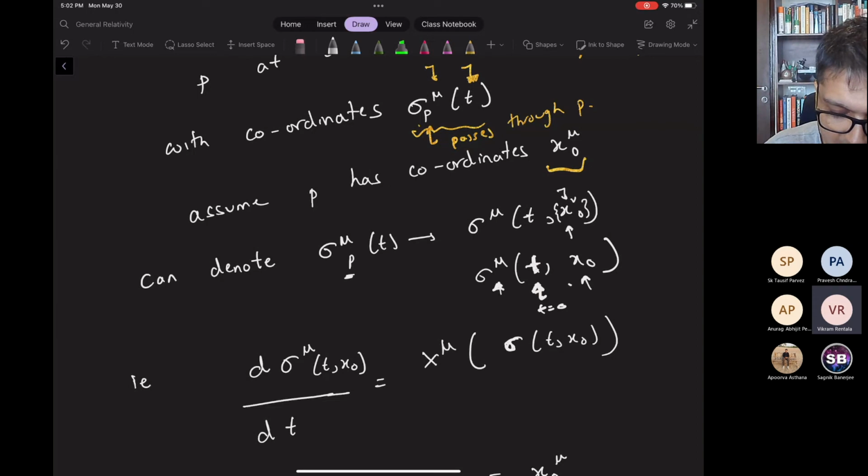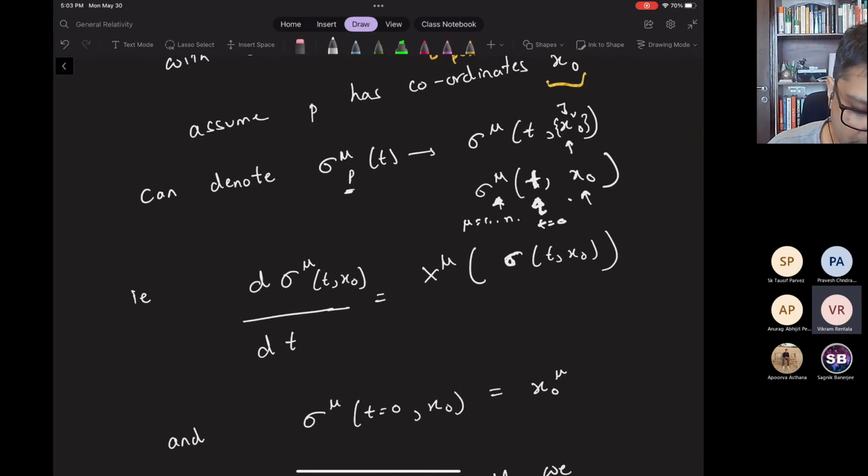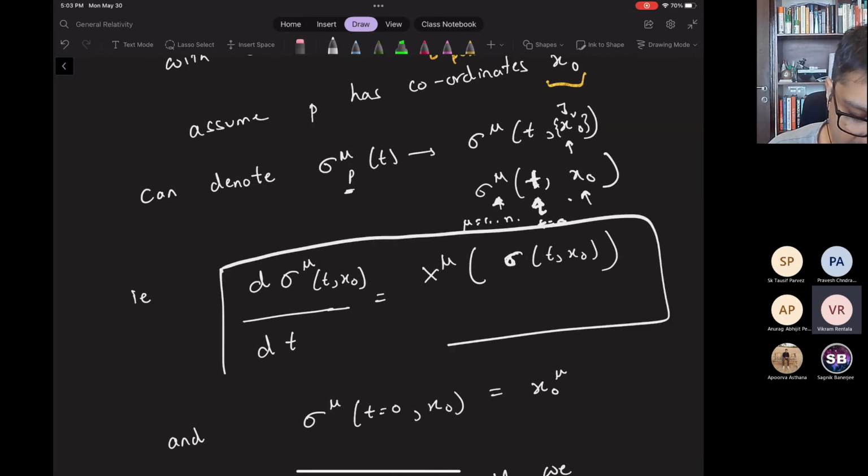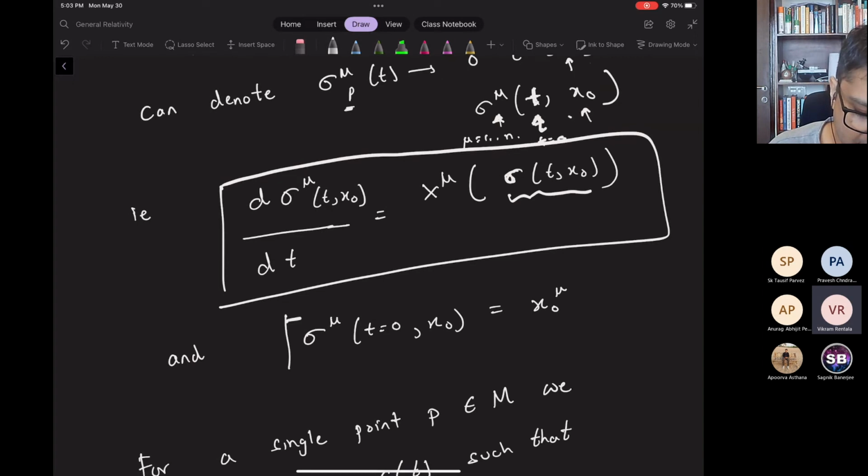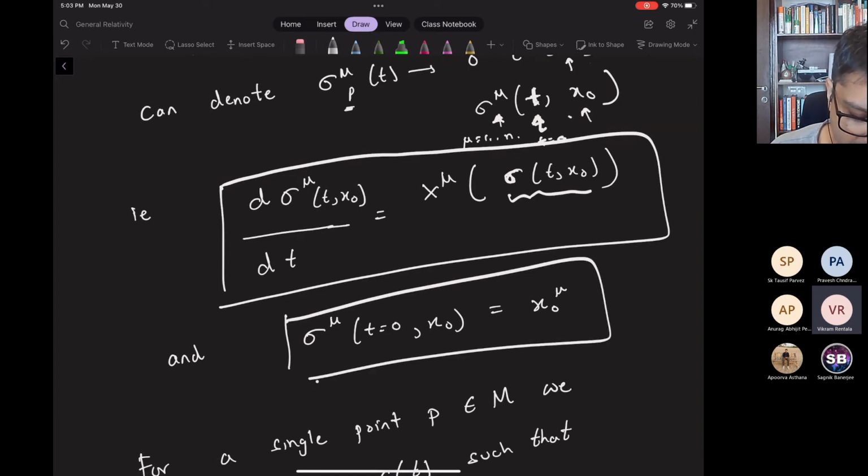My coordinates are sigma^mu, where mu runs from 1 through n. The sigma^mu must satisfy this equation, that is d sigma^mu(t, x0)/dt is equal to X^mu of sigma(t, x0), and it has this initial condition. I'm just rewriting what we wrote before using this notation: sigma^mu at t equal to 0 is x0^mu.